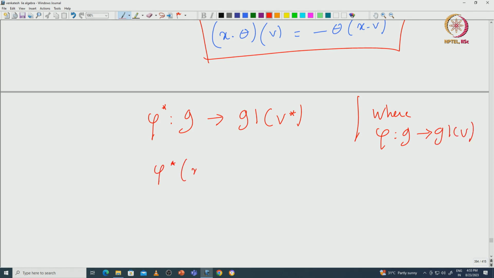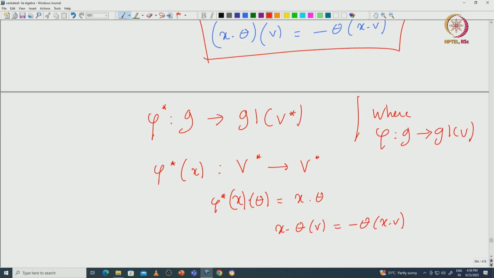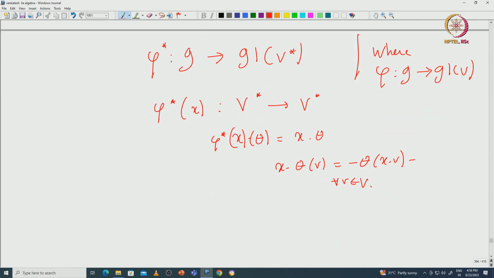Phi star of x acts on V star to V star, where x takes theta to phi star of x of theta, which is nothing but this x dot theta. This x dot theta is defined by x dot theta of v equal to minus theta of x dot v for all v in V. That is how we have defined it, and if you think about it, this is minus theta of phi of x v.